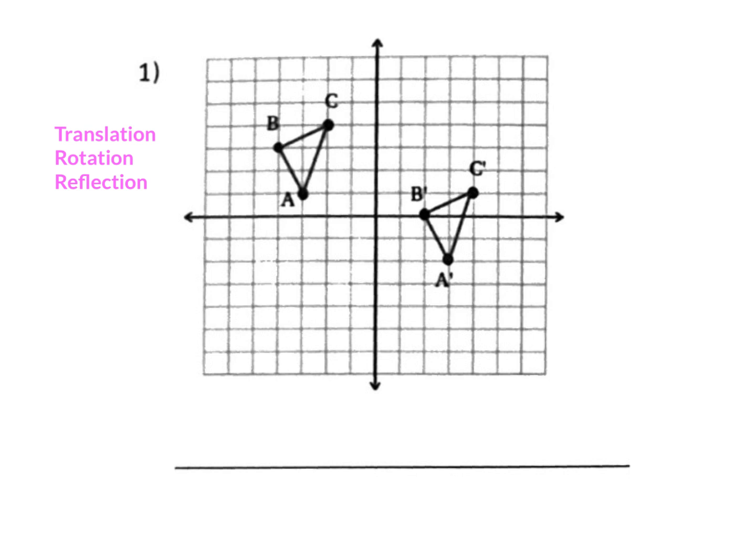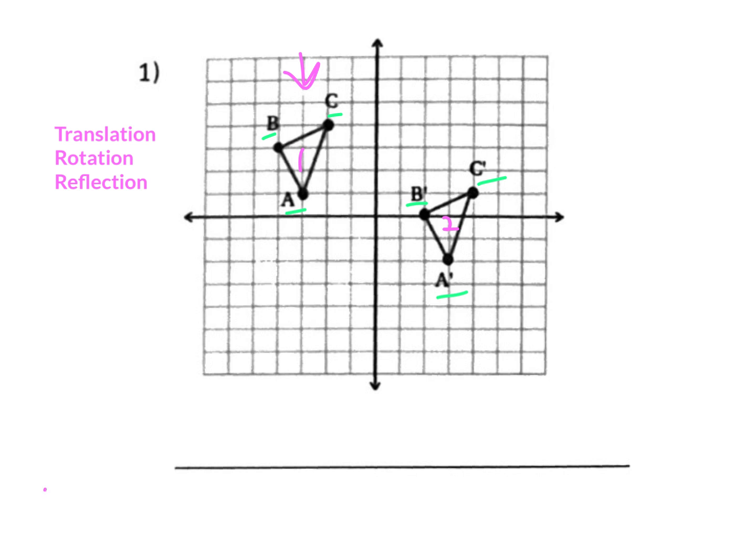Notice we have triangle A, B, C, and over here we have A prime, B prime, and C prime. That means that this triangle came first and this triangle came second. This triangle is the pre-image and the second triangle is the image.